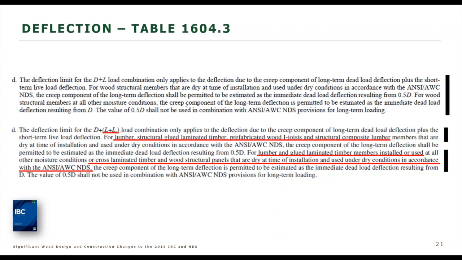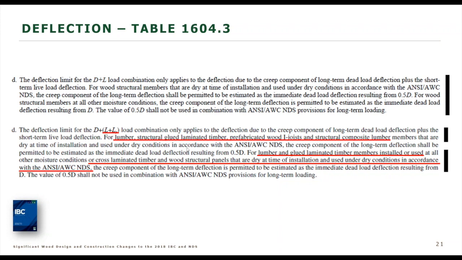And then also, there was a clarification when we're talking about long-term creep component for long-term deflection. So what it stated is for wood structural members that are dry at time of installation and under dry conditions of use. Well, what does it mean by wood structural members?